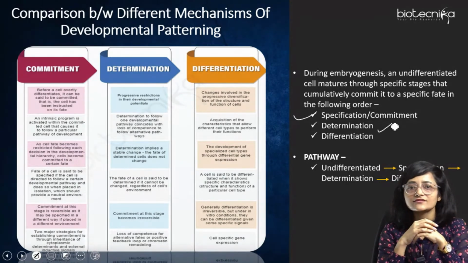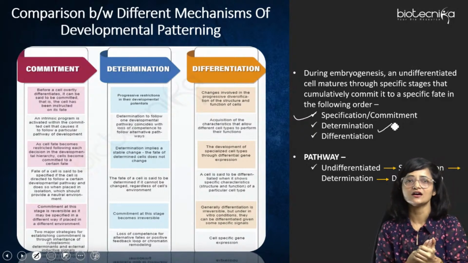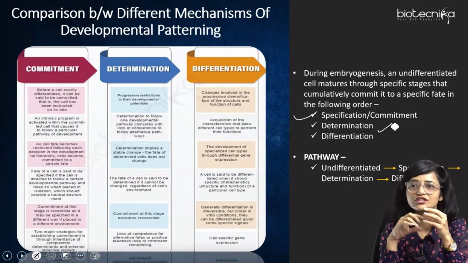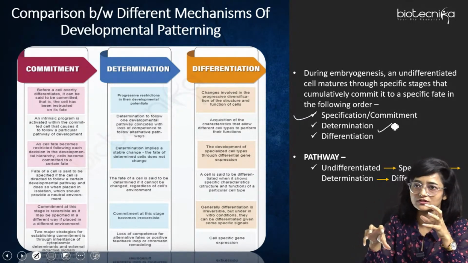Then comes the loss of the competence for the alternative fates, or the positive feedback loop, or the chromatin remodeling. So the chromatin remodeling basically takes place here, and it majorly plays a role so that once the genes are being expressed to form a particular kind of cells, then only those kinds of cells will be produced, right?